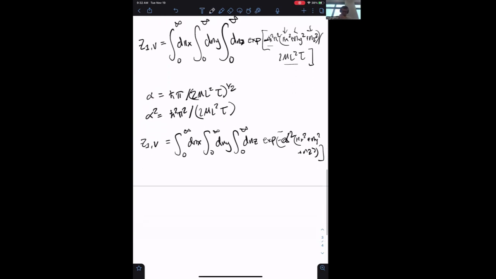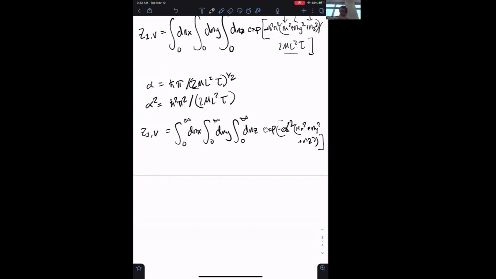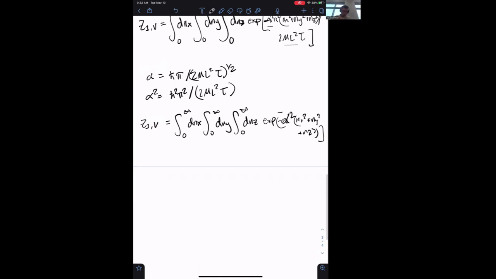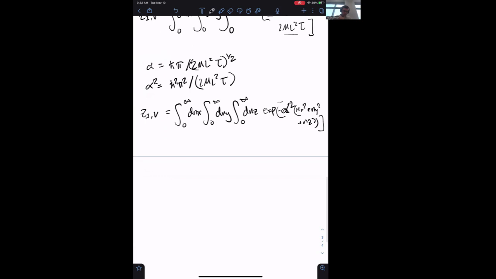Okay, so that's nice. And now what we see is that this exponential can actually be separated, and this is really just the same integral three times. So if we separate the x, that's one of the integrals, and we separate the y.